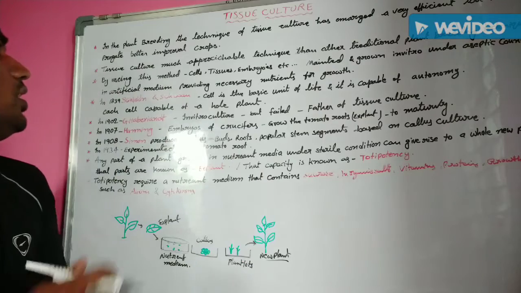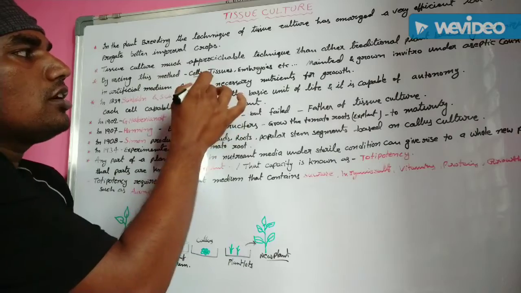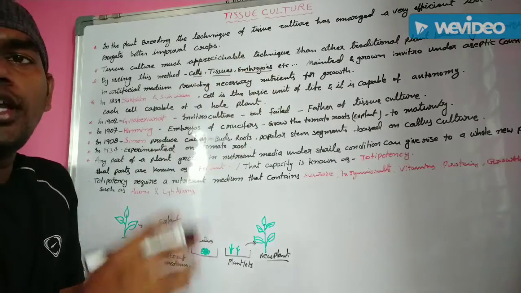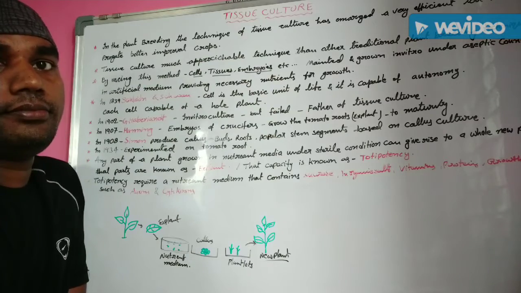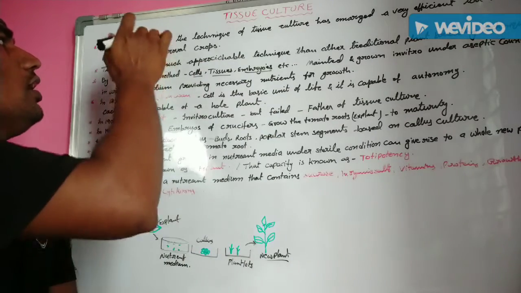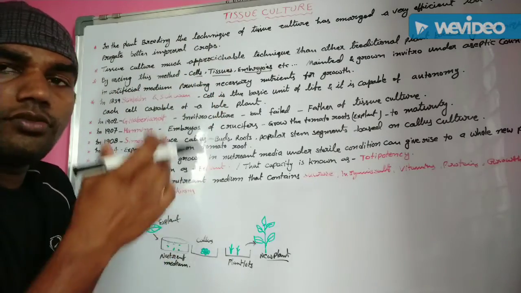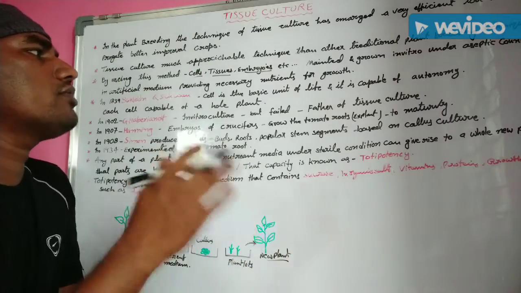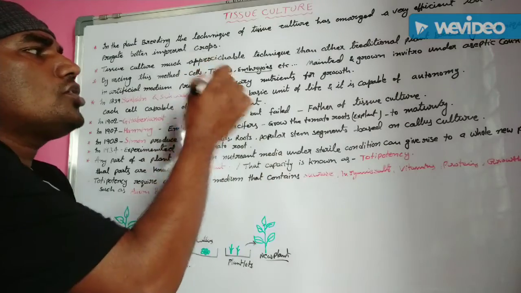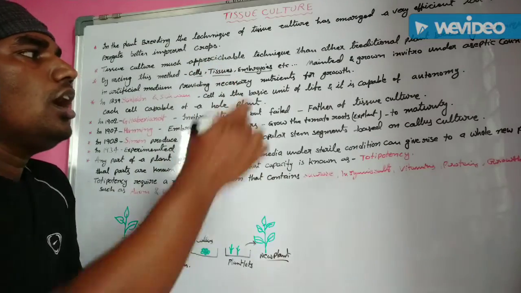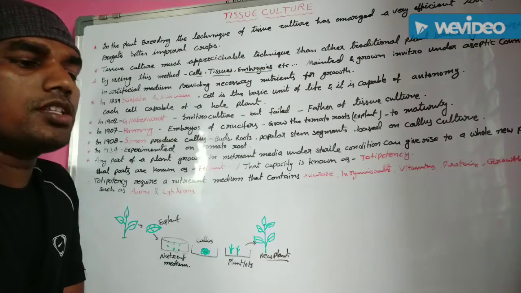In tissue culture, by using this method, cells, tissues, embryos, etc. are used as an explant. In this method, cells of the root, cells of the stem, cells of the leaf, cells of the apical buds, etc., and different types of tissues, and the embryos are used.